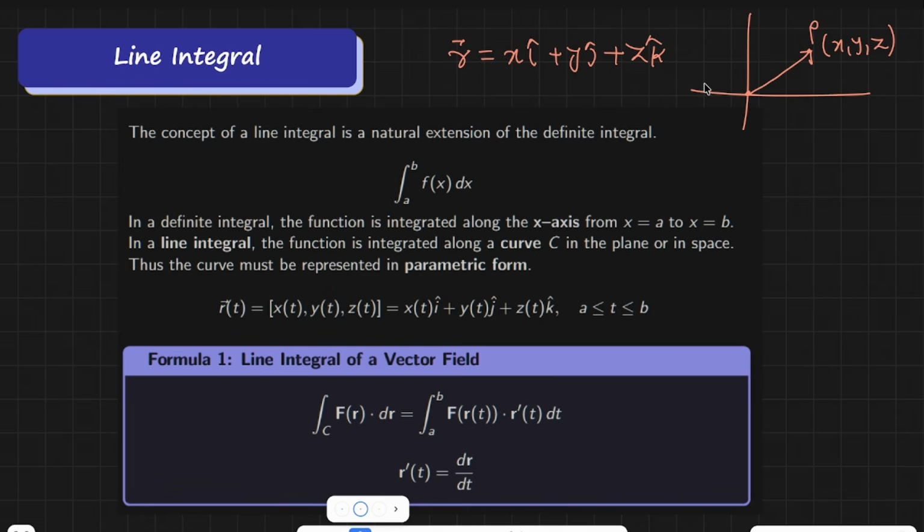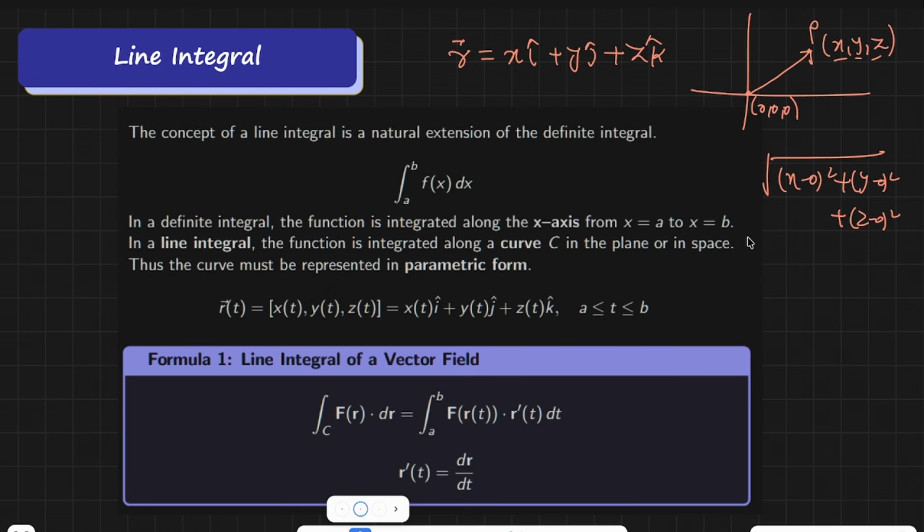For any point p, i cap, j cap, k cap have these coordinates as coefficients. If I want to find the distance, the magnitude or length, it will always be calculated from the origin, 0 comma 0 comma 0. So the distance will be x minus 0 whole square, y minus 0 whole square, z minus 0 whole square, that is the square root of x square plus y square plus z square. That is the distance of this position vector.